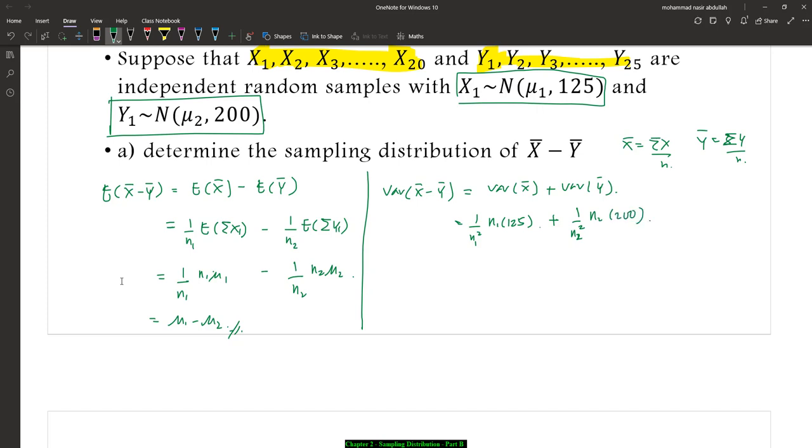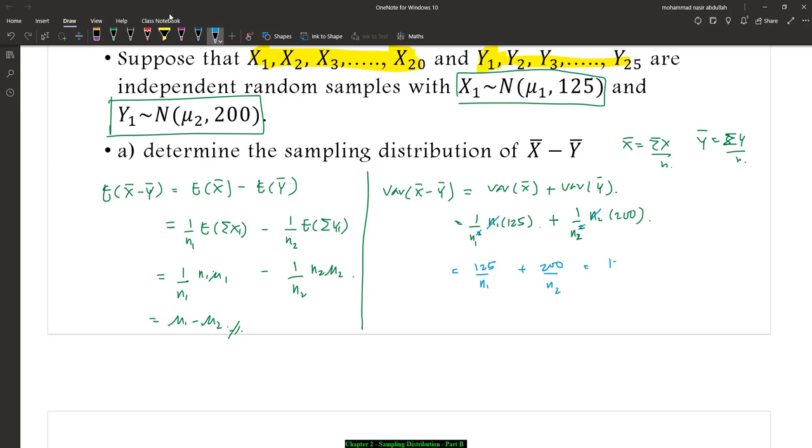Okay, so we can cancel this one. So this one should be 125 over n1 plus 200 over n2.